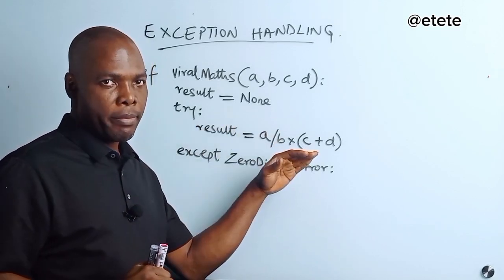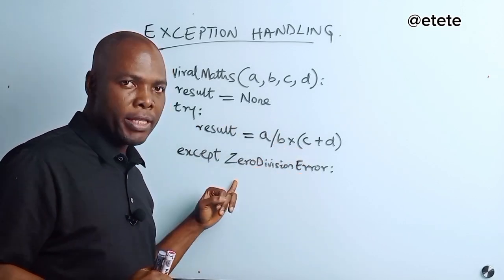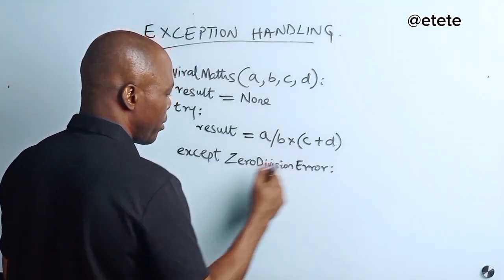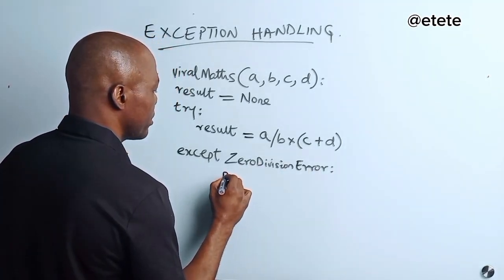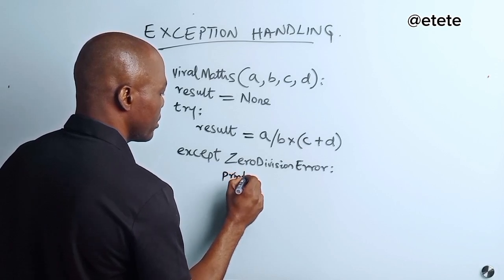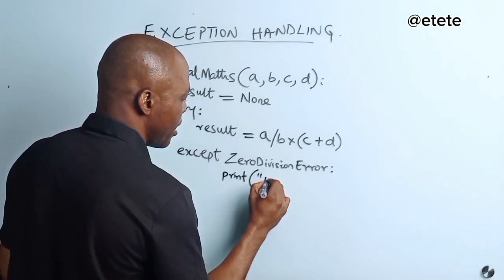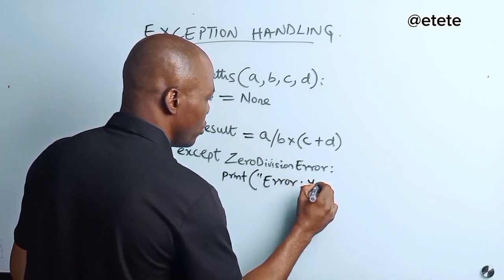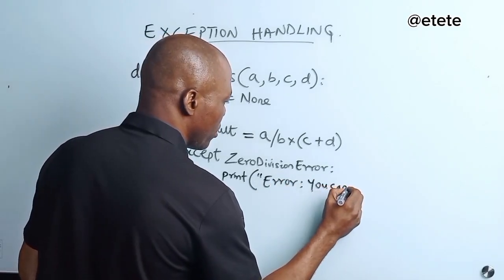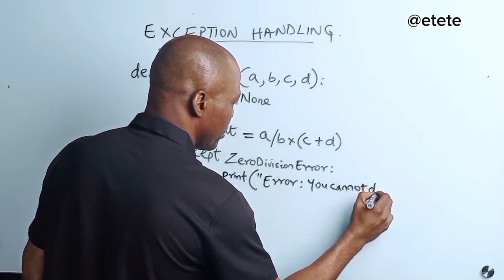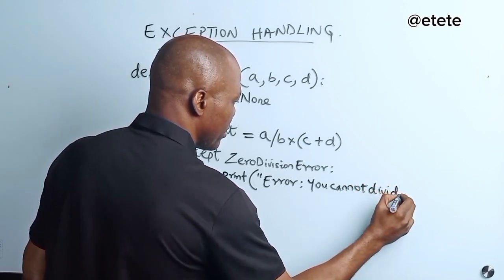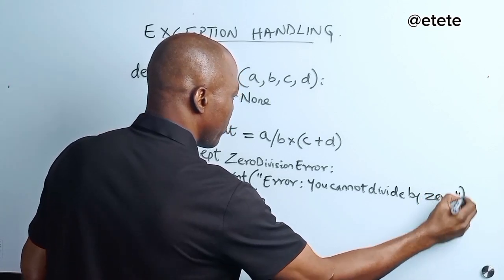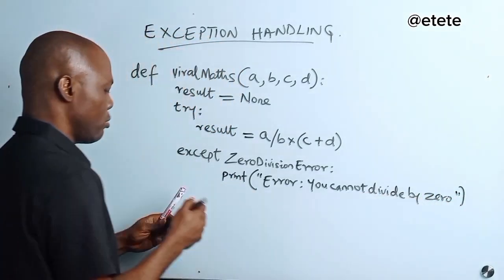Instead of crashing the program, display this error that I want to write. So I will come here and I will say, except ZeroDivisionError, print error, right? You cannot divide by zero, right? I want this error message to be printed out.